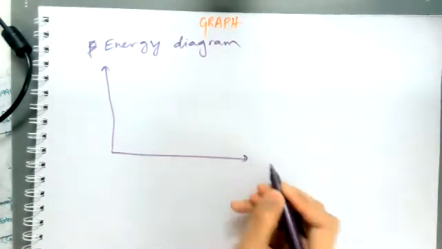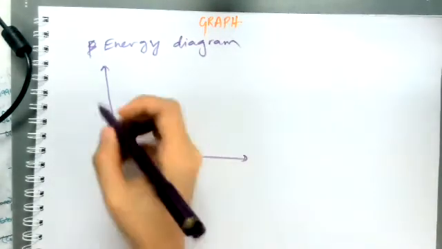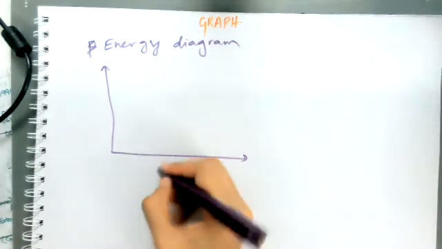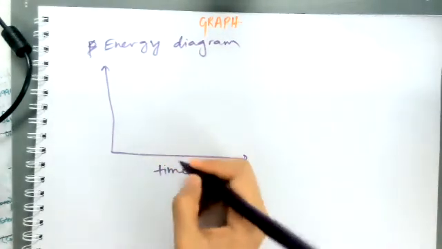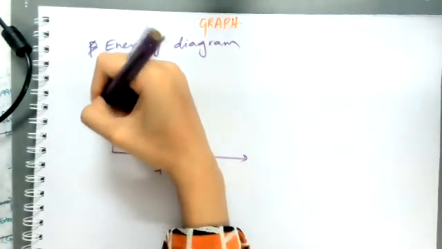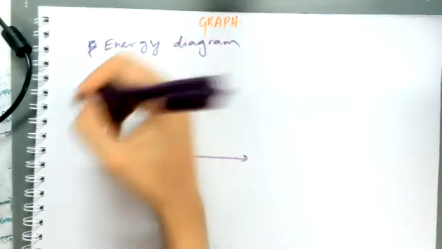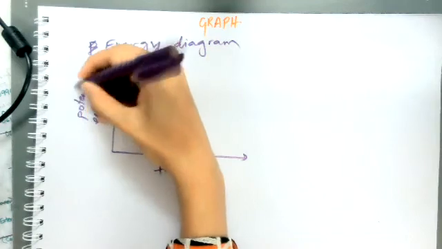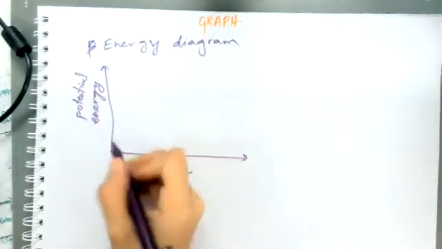This is basically a graph, okay, where the x-axis is time, and over here I have energy, the y-axis. And for now, I want you to think of it as potential energy, okay?